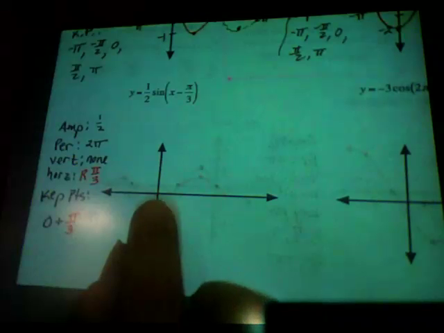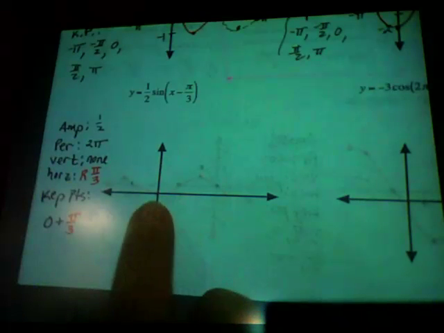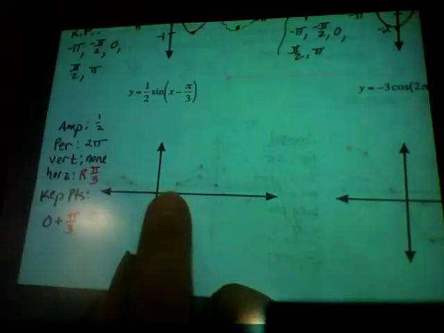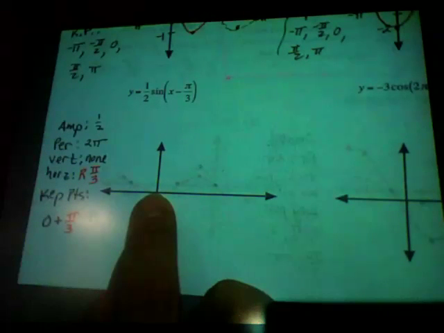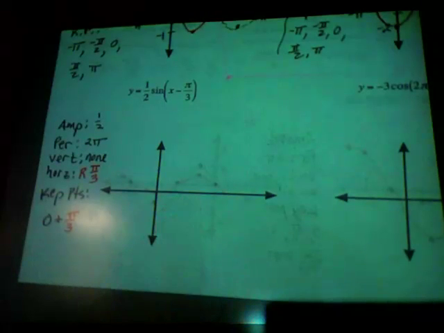Or 0? Which is it? 1 or 0? 1. Look at your sine code. 0. Sorry. All right, so my point is at 0, 0 for sine, right? And then if I move it to the right, that normal point is normally at 0, 0. If I move it to the right pi over 3, won't it move to pi over 3? That's why I start with 0. Because it's the easiest one to see where my starting point should be.